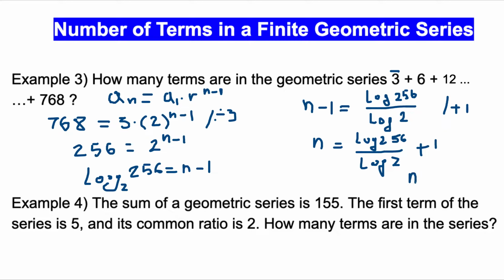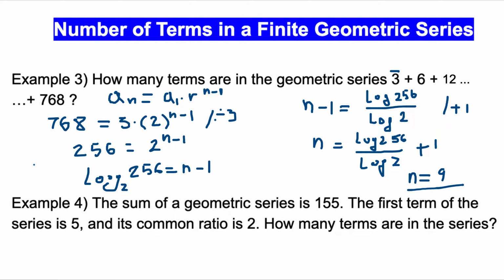When you calculate this, the common log of 256 divided by log 2 gives you 8, and the plus 1 makes it 9. So this finite geometric series is going to have 9 terms.